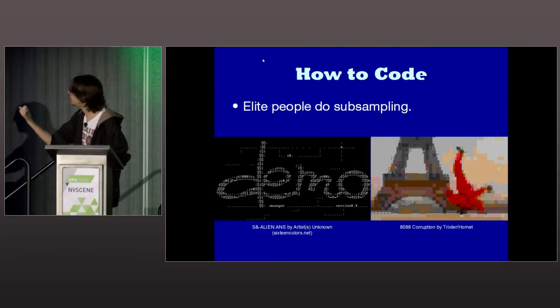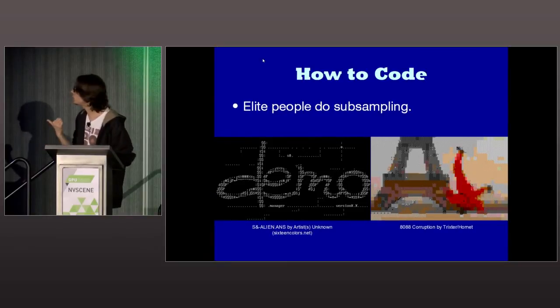Next to it is from 8088 Corruption by Trickster of Hornet. This was basically taking a movie video part and calculating ASCII character combinations, trying everything possible to match as close as it could. So it wasn't done in real time. It was a very, very long process of pre-calculation.